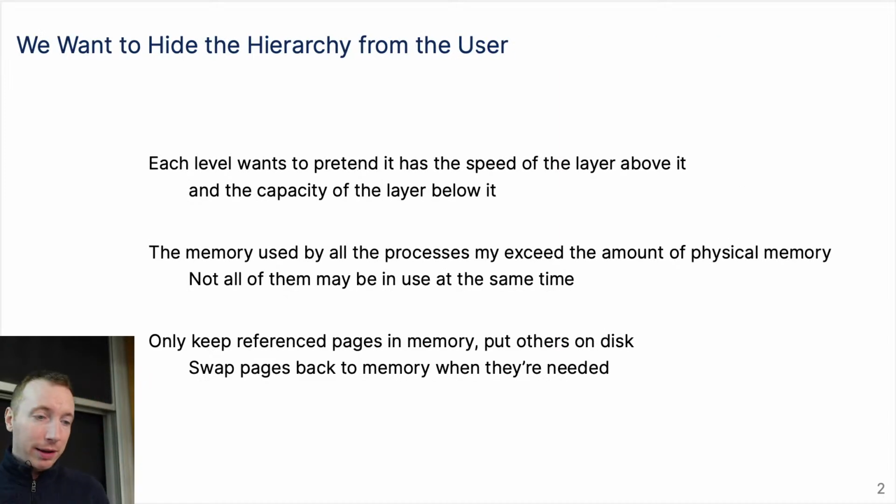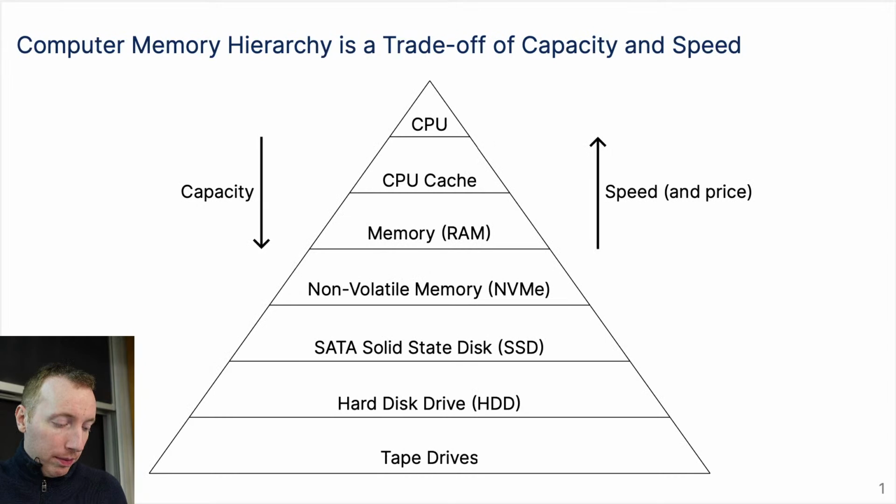So you get kind of the best of both worlds. You want the memory used by processes, and you have some physical limitations. So all the memory used by all the processes can exceed the actual physical memory on the device. So what you can do is make the illusion that you have more memory by using the capacity of the device below it.